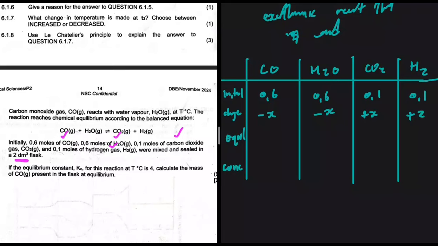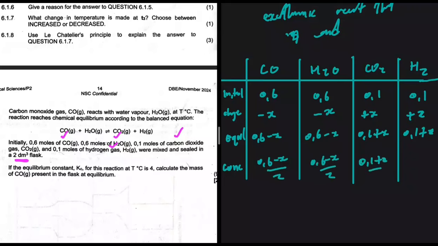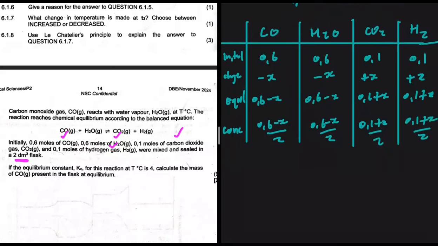So at equilibrium, we're going to have 0.6 minus x, 0.6 minus x, 0.1 plus x, 0.1 plus x. And then for the concentration, we just divide by the volume: 0.6 minus x over 2, 0.6 minus x over 2, 0.1 plus x over 2, 0.1 plus x over 2.